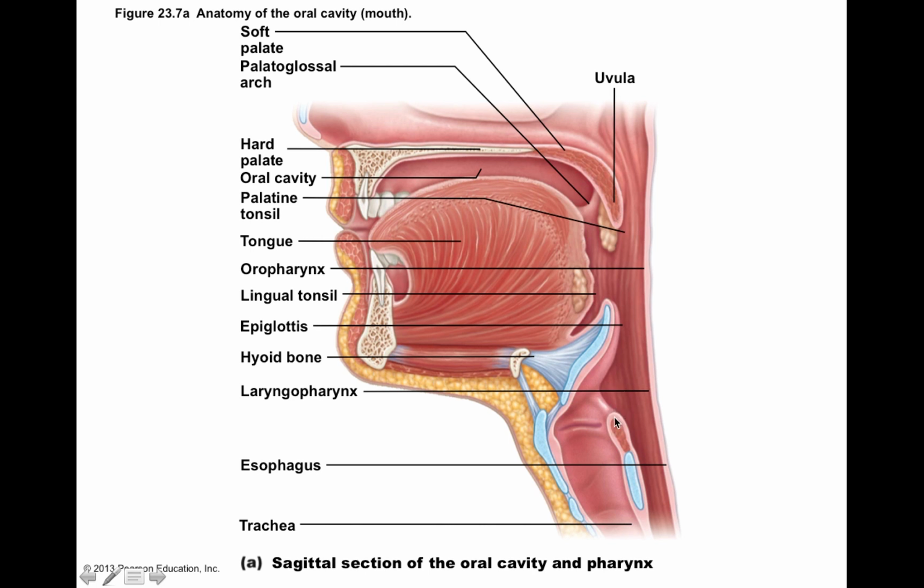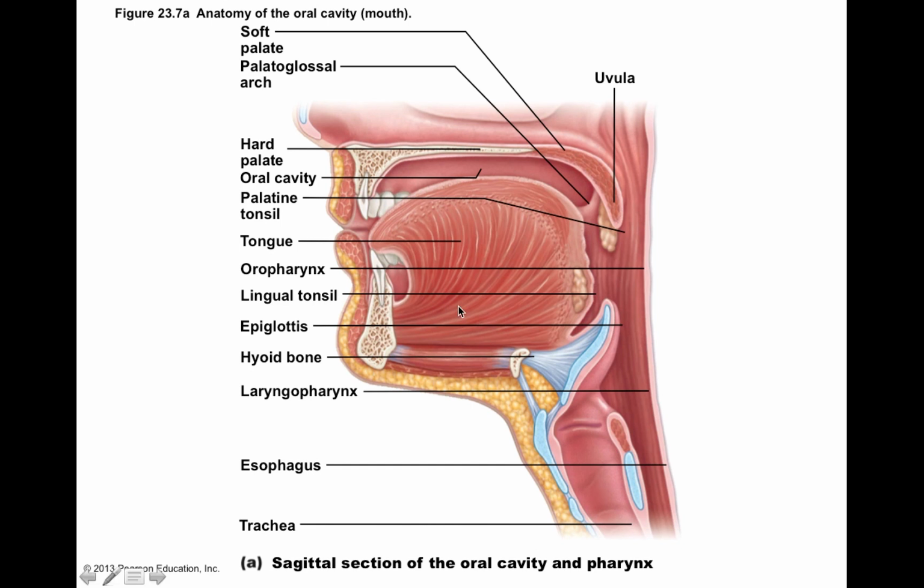So this opening right here closes off. That way the food only goes down your esophagus and not down your larynx and the rest of your airway. If that does fail, then you do have nerve fibers in the larynx and trachea that can help mediate a cough reflex. That way you prevent the food from going down into your lungs. You know what I mean?